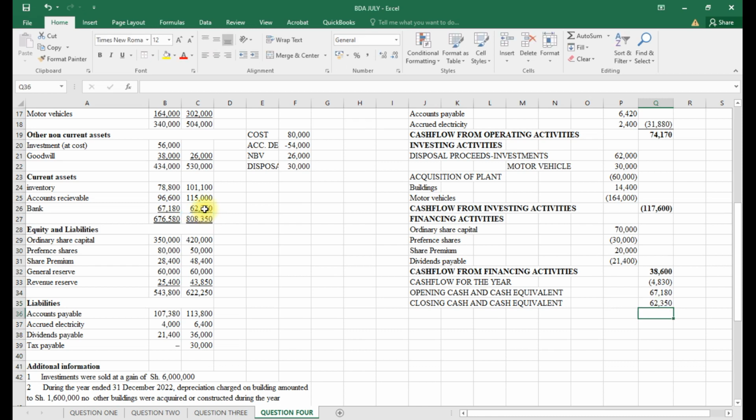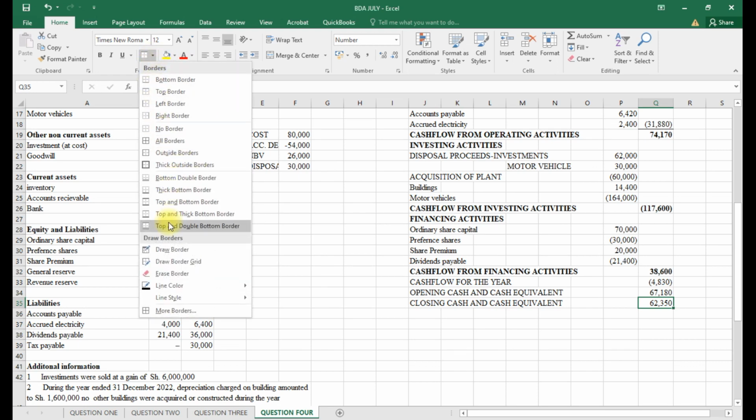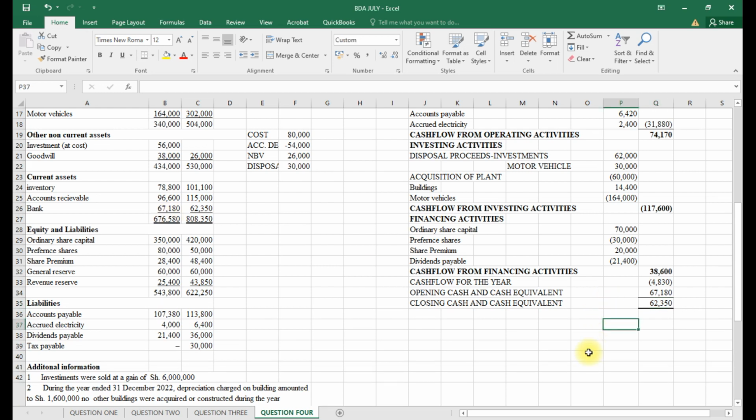You can put top and bottom border, that way. For our cash flow for the year, we put the top border only. So you can look at the control here of the closing: we are starting with this value, and you add the opening, and you find that it gives you the closing of 62,350.